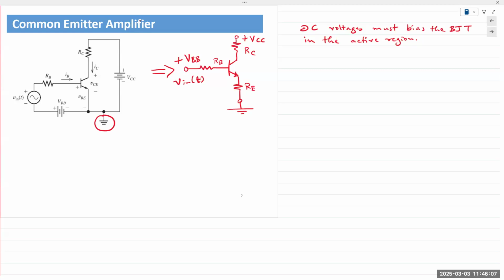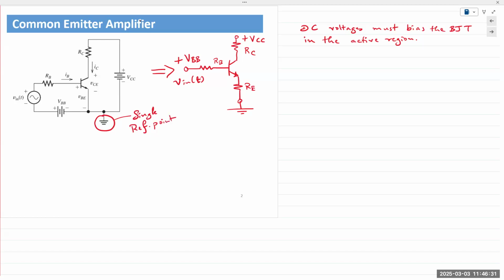Cutoff and saturation. In cutoff and saturation, it functions like a switch. The ground symbol that is shown here does not have to be physical ground. It's basically a reference, the single reference point in the circuit.